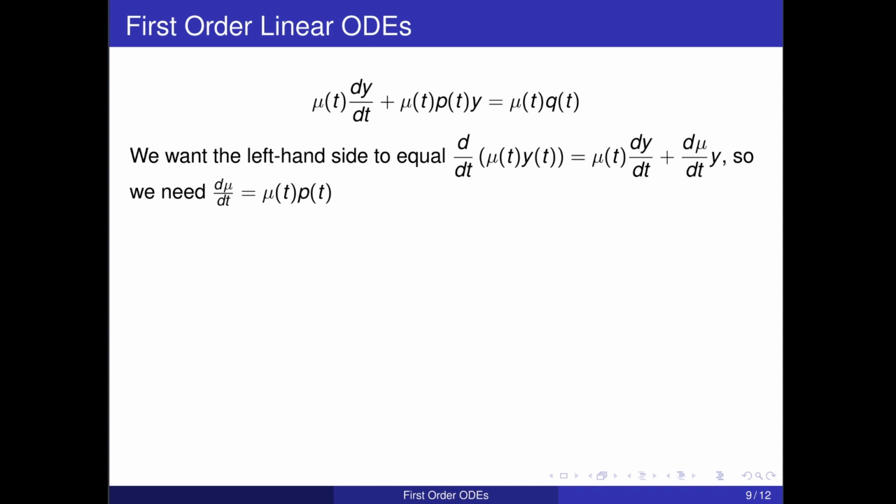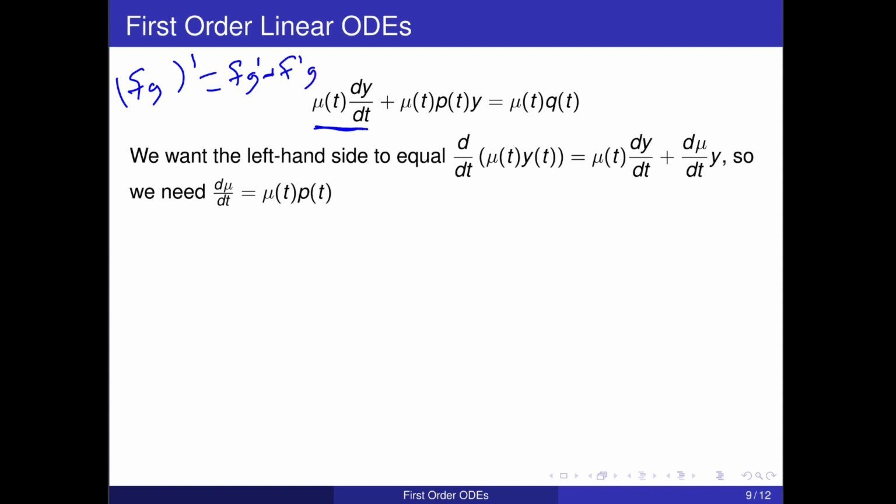So this is what our differential equation would look like if we multiplied it by some function mu of t. And we want the left-hand side to be a product rule with one of the functions being y. If we look at this term here, mu times dy/dt, then the other function has to be mu, right? So the product rule of f times g is f g prime plus f prime g.